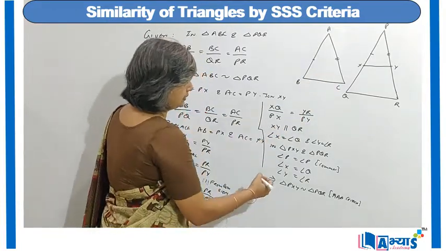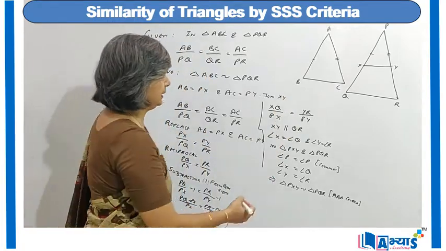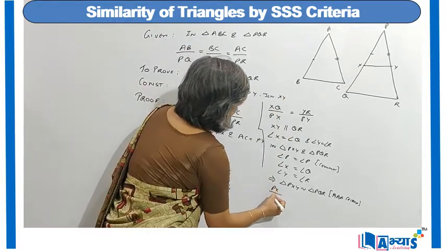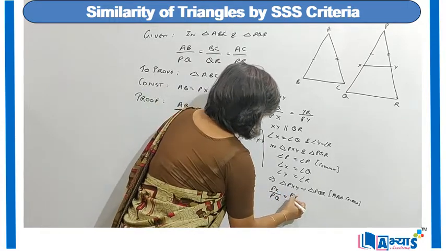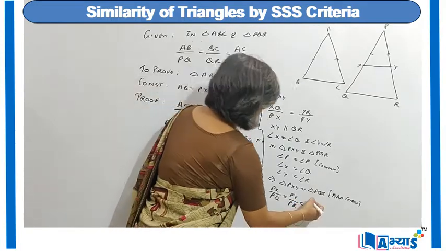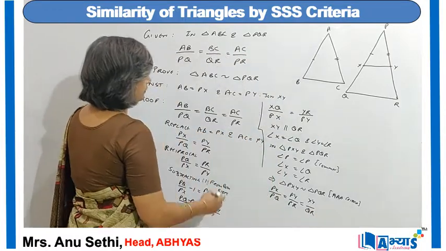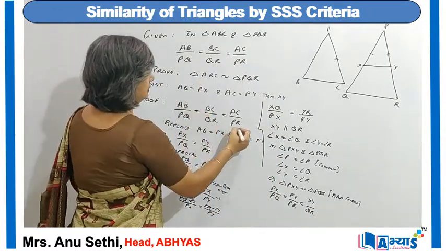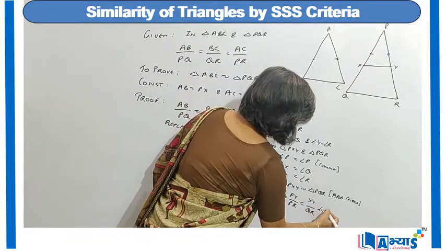As the two triangles are similar, the sides will be in the ratio. So we can say that PX upon PQ is equal to PY upon PR is equal to XY upon QR. As we take the given ratio as equation 1, this will become equation 2.